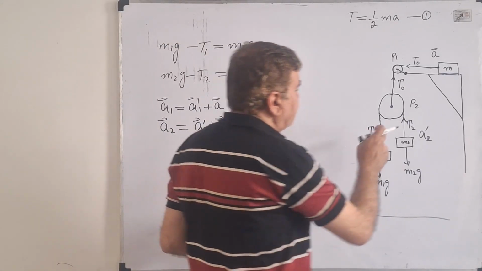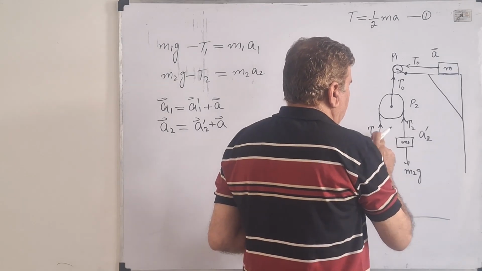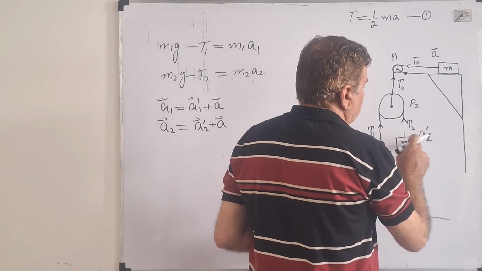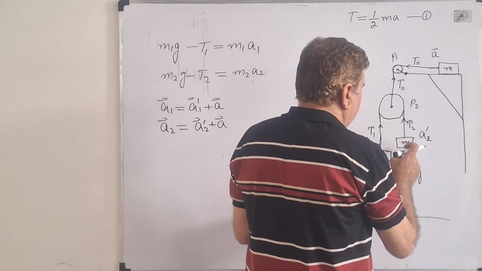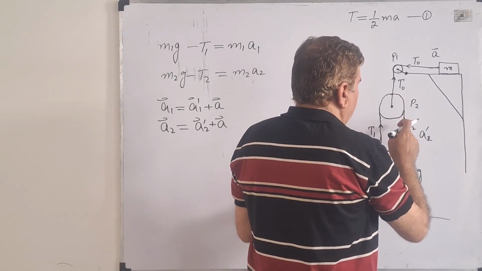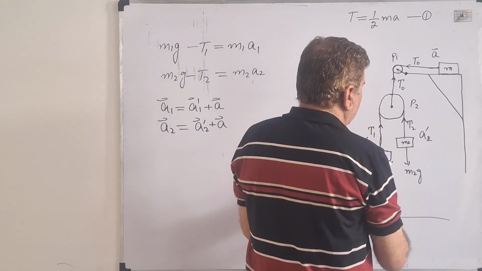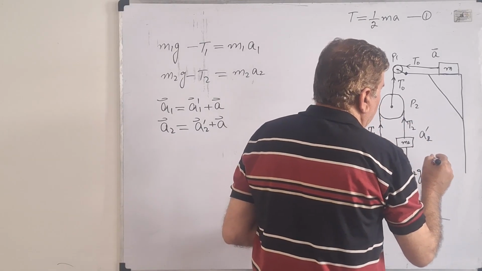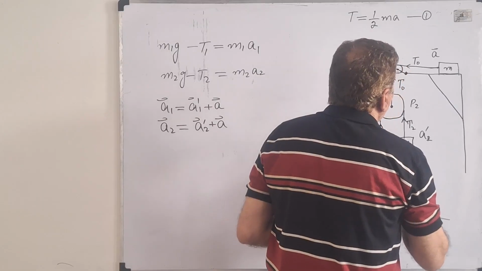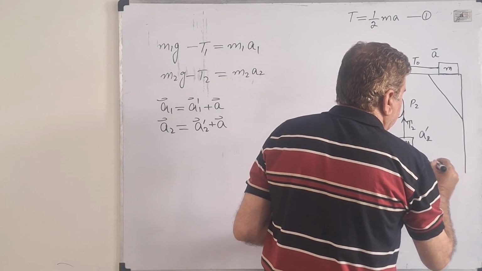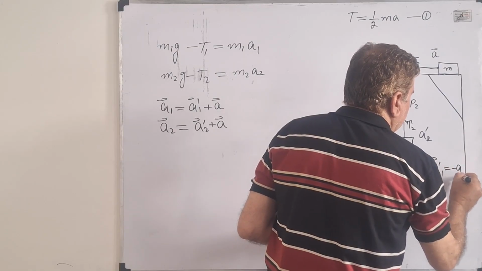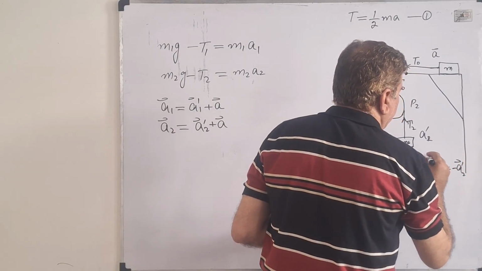And obviously this string is inextensible. This acceleration in magnitude is exactly equal to this acceleration, but if this mass is moving downward, then this would be moving upward. And similarly, if this is moving downward, this would be moving upward. They are opposite in directions, so we have this condition: A1 prime is equal to minus A2 prime.